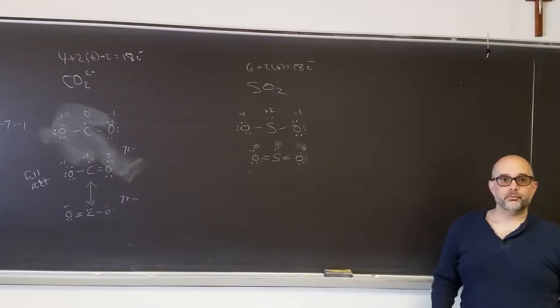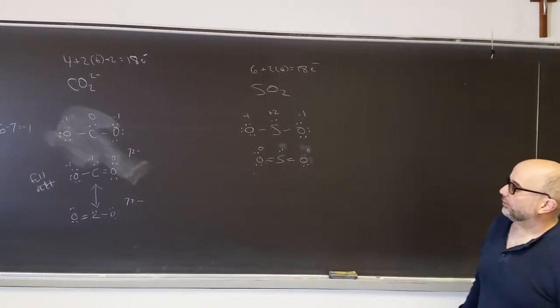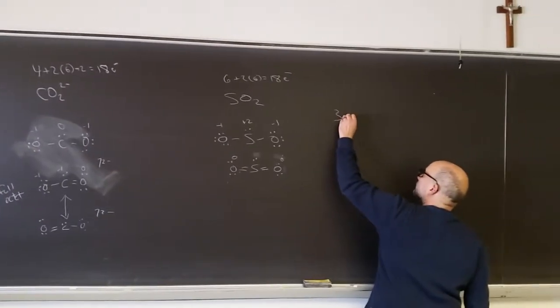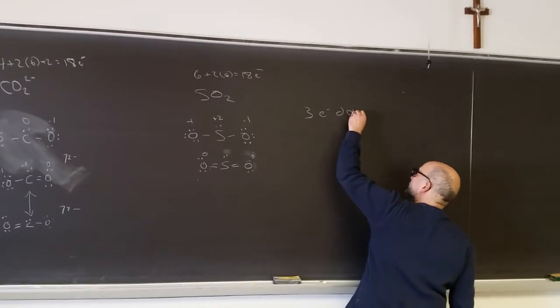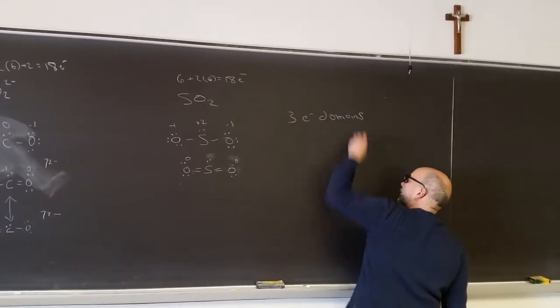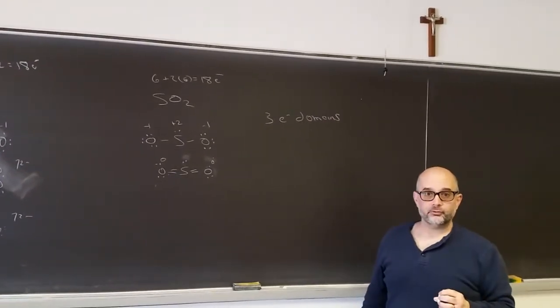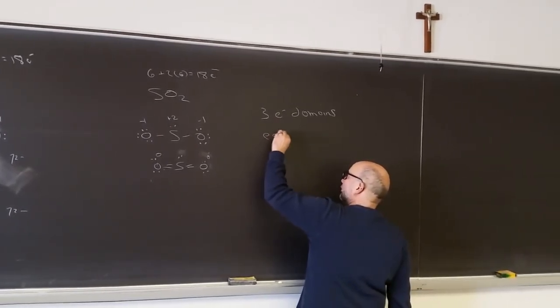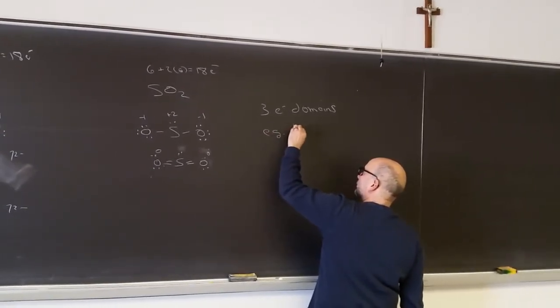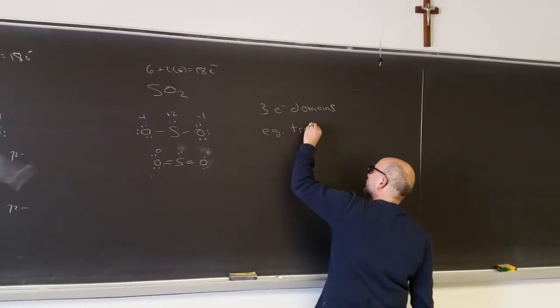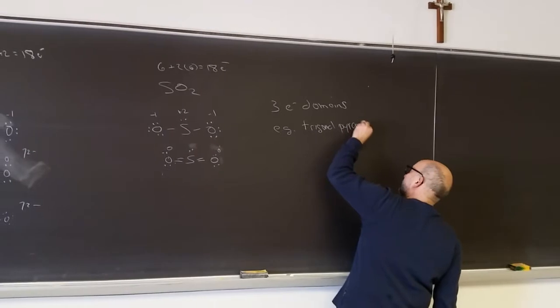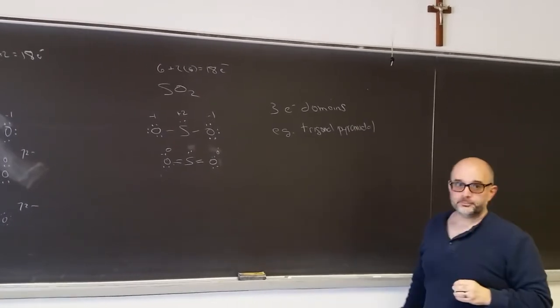Now, VSEPR, what do these things look like? Both of them have 3 electron domains around the central atom, which means that the electronic geometry, as we called it, is going to be trigonal planar.